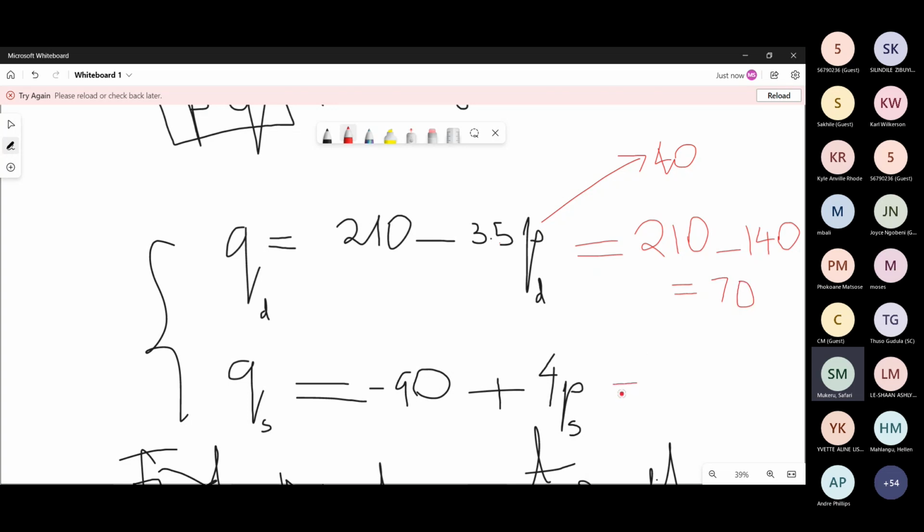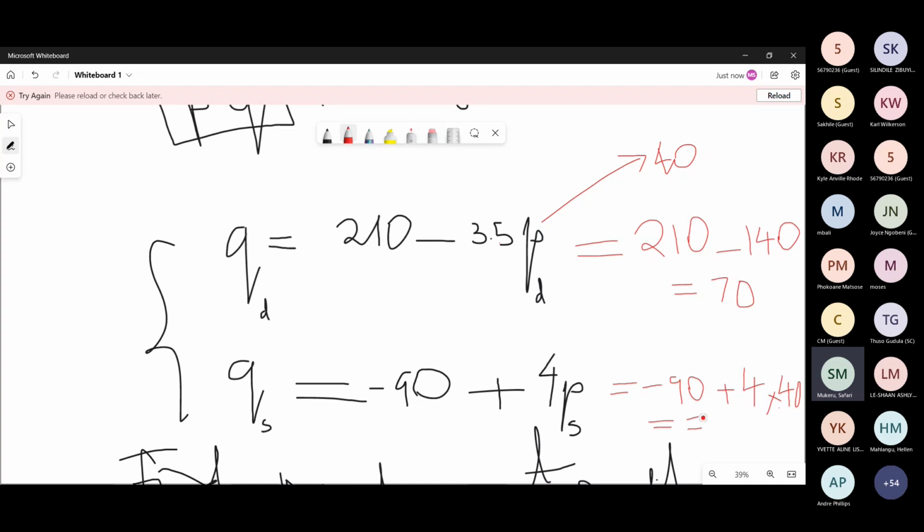Now, if we also compute the quantity supplied, what will be the answer? Take negative 90 plus 4 times PS. What is PS? It's also 40, because the price is the same for the supply. Then we get negative 90 plus 160.